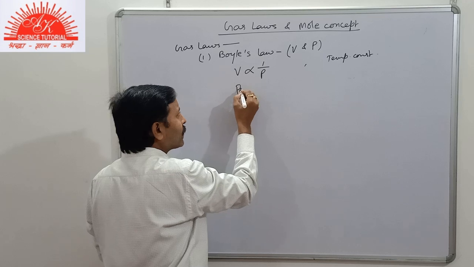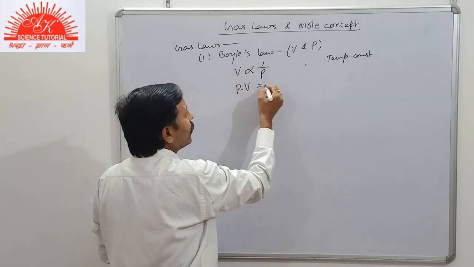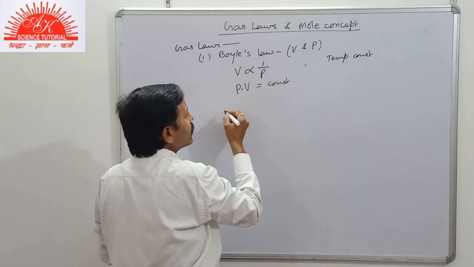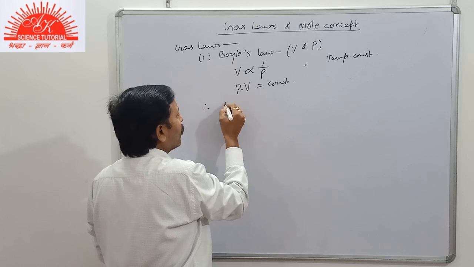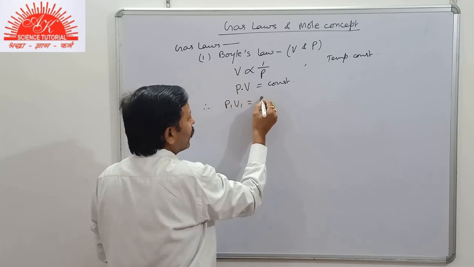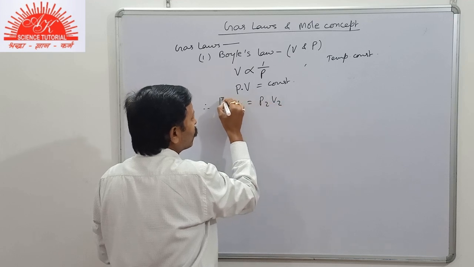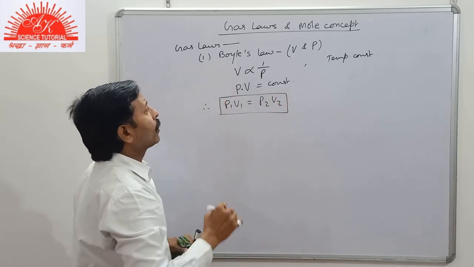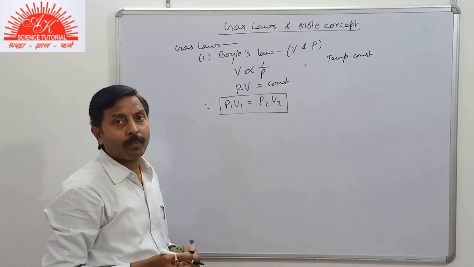From this we see that P into V equals constant, and therefore P1 V1 equals P2 V2. This relation is used to explain Boyle's law.